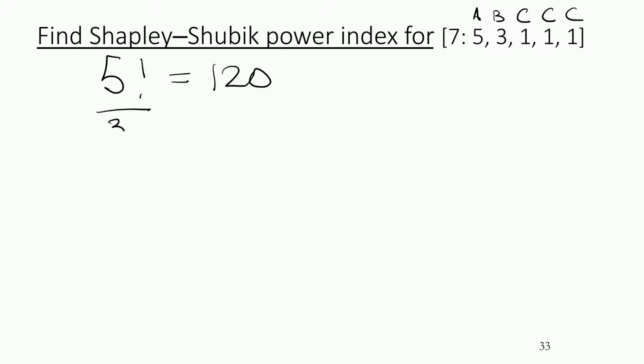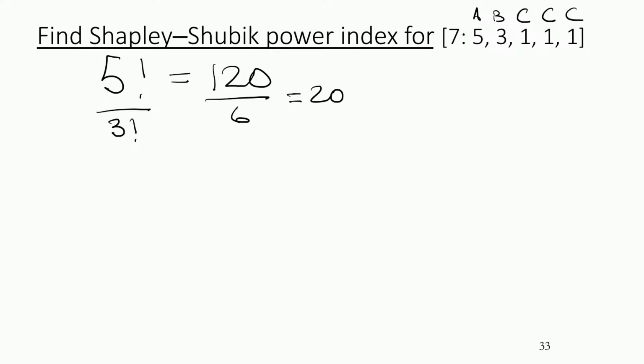So let's divide by 3 factorial, divide by 6. And now there's only 20 distinguishable permutations. Once again, I'm assuming they're all the same, so when I get done, I will take whatever power they have and divide it by 3, because there's 3 of them. You'll see what I mean in just a second.